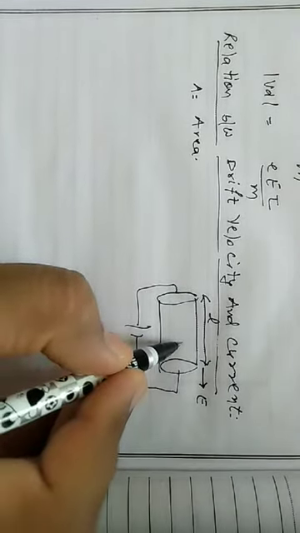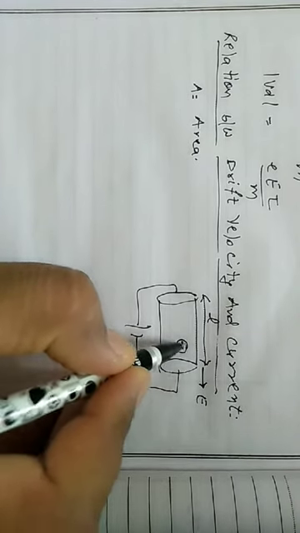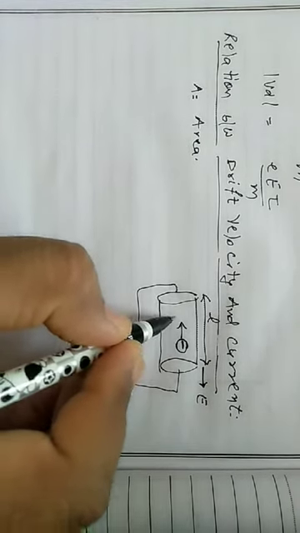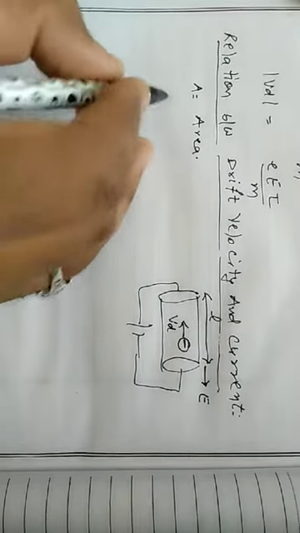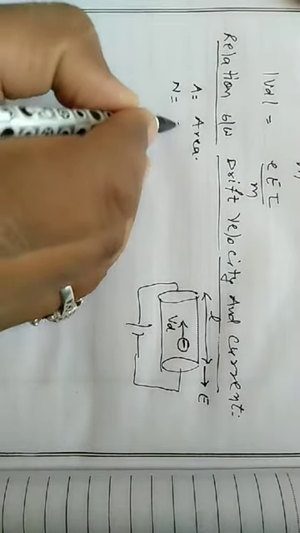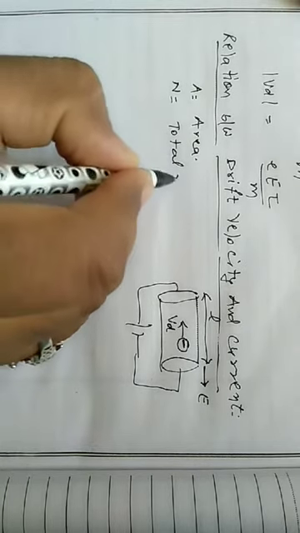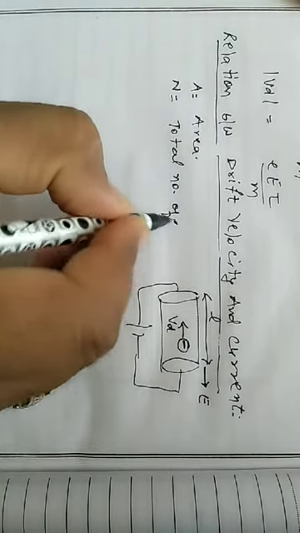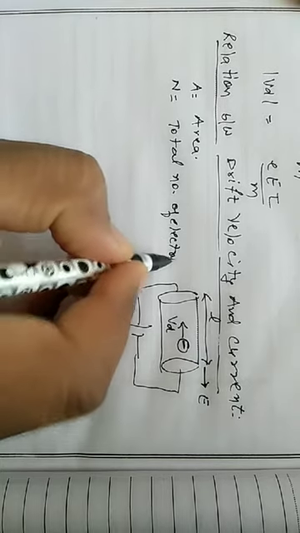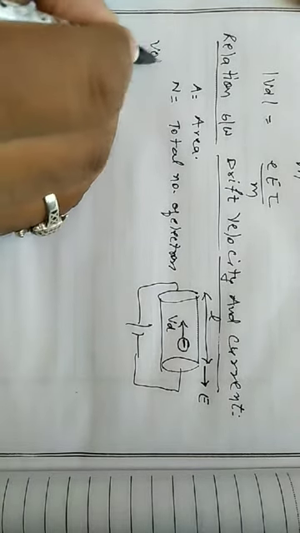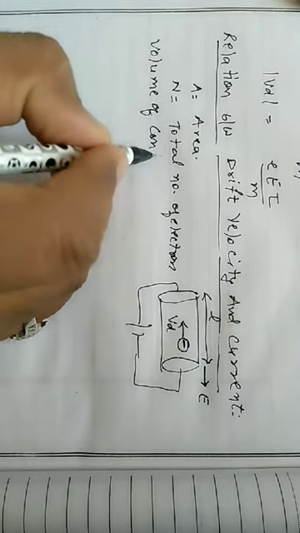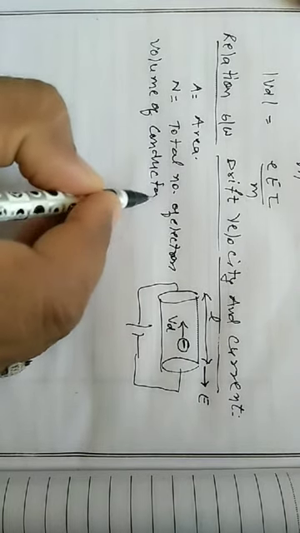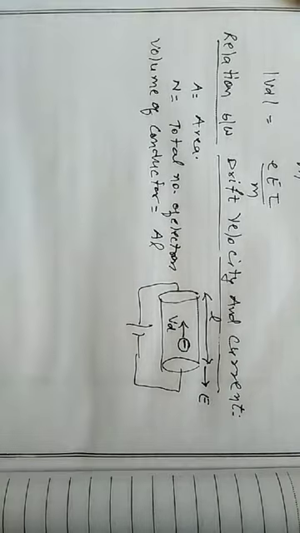Now this free electron will get drifted by velocity Vd. Now capital N is total number of electrons. Volume of conductor is area into length, A into L.